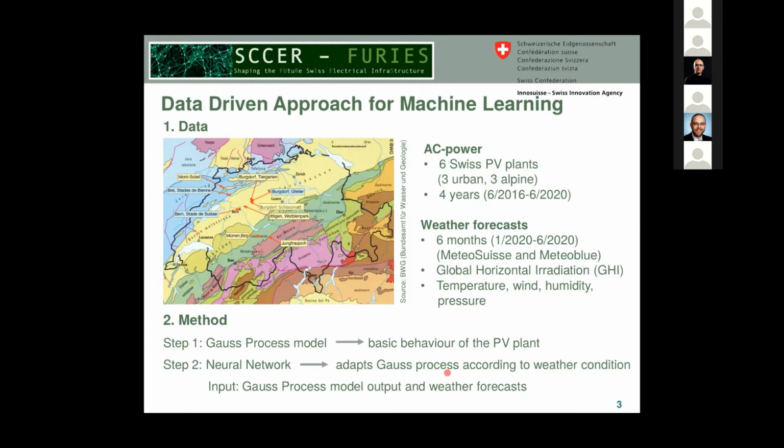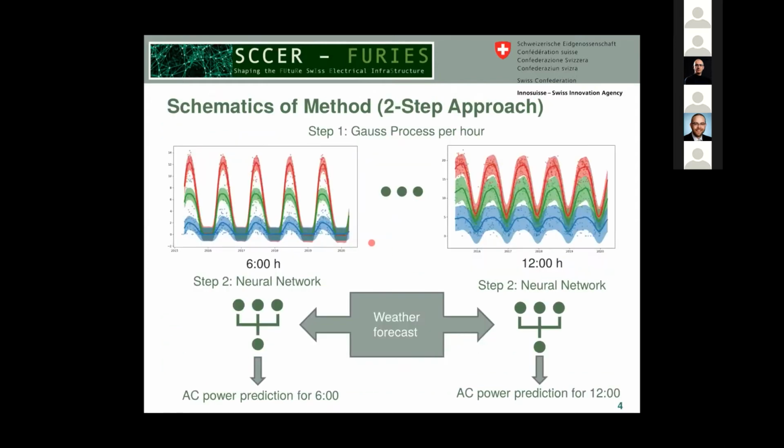More precisely, you see here graphs of the two-step process. Above, on these larger graphs, you see that we have separated the AC power measurements into 3 clusters.